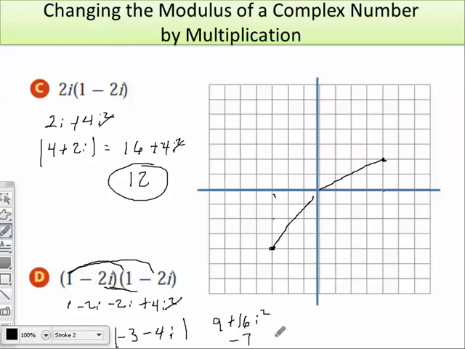If I'm taking the square root of negative 7, wait a second, Mr. Green, you said the modulus was always a positive number. It is. I'm taking 9 minus 16, I got a negative number. Have to check that one.